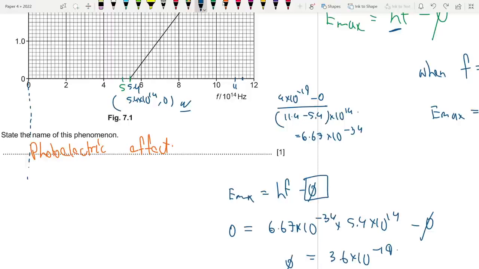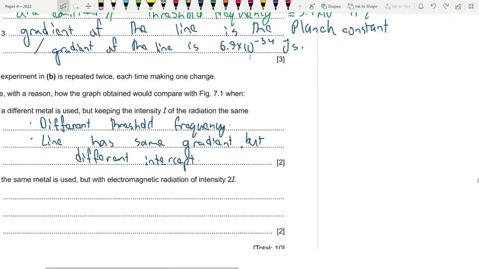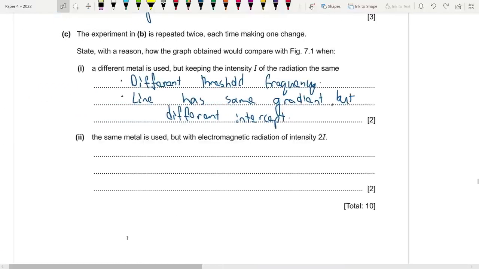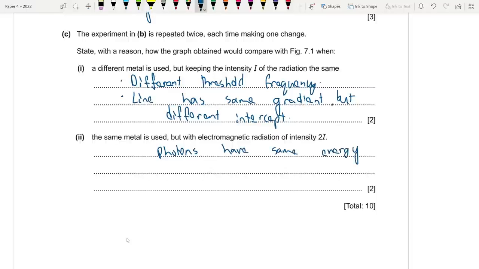This doesn't change, it has constant in its name. So really there would be no change. This was just a trick question. Changing intensity doesn't have any effect on the graph. The photons have the same energy, so the line would be unchanged. So this was tricky.